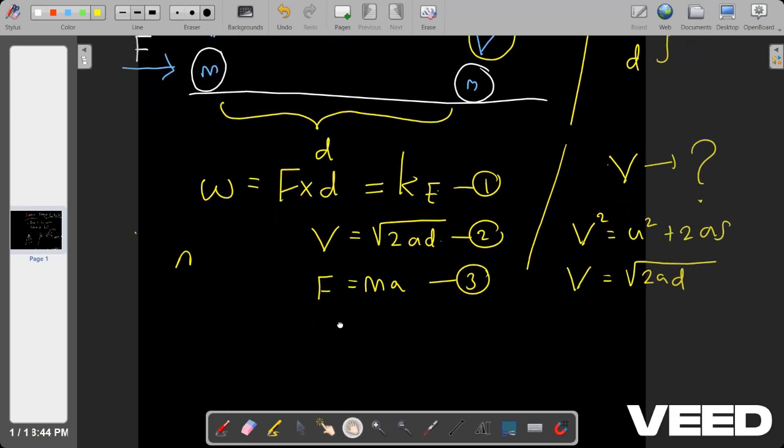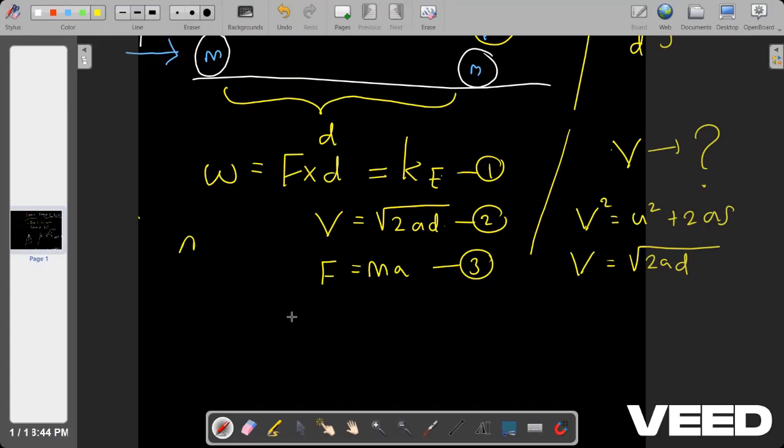I want you to derive a formula for kinetic energy using m and v. Derive a formula for kinetic energy using m and v.